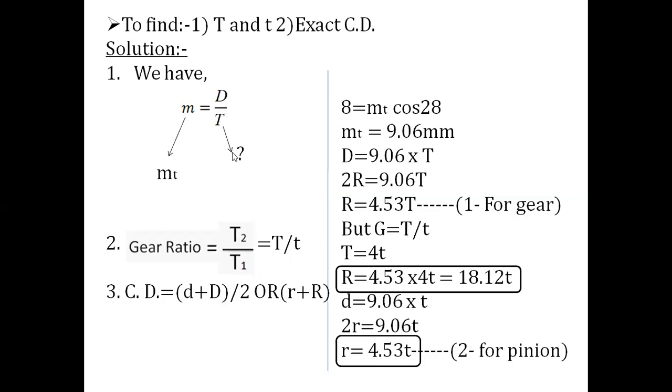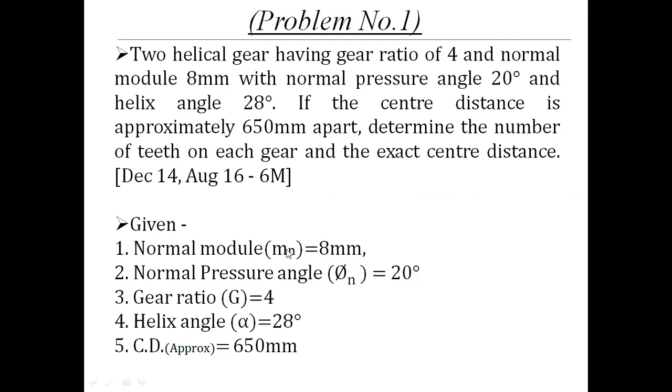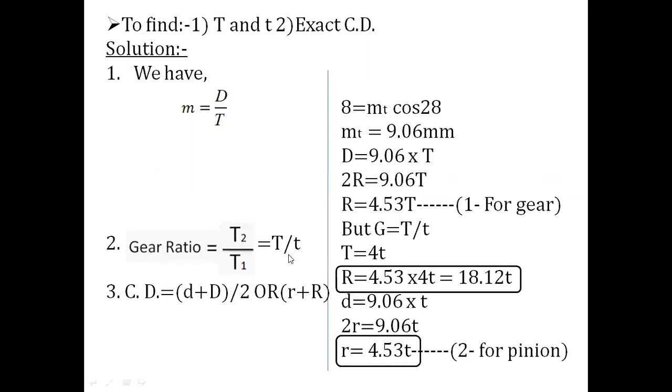So for finding mt, which module is given here? The normal module. Normal module is given, so we have another formula to find the transverse module. When mn is given, mn is equal to mt cos alpha.